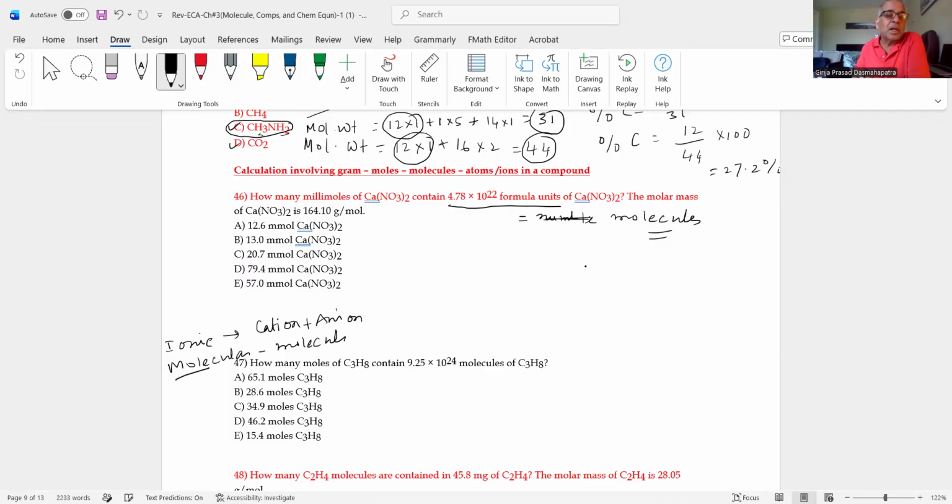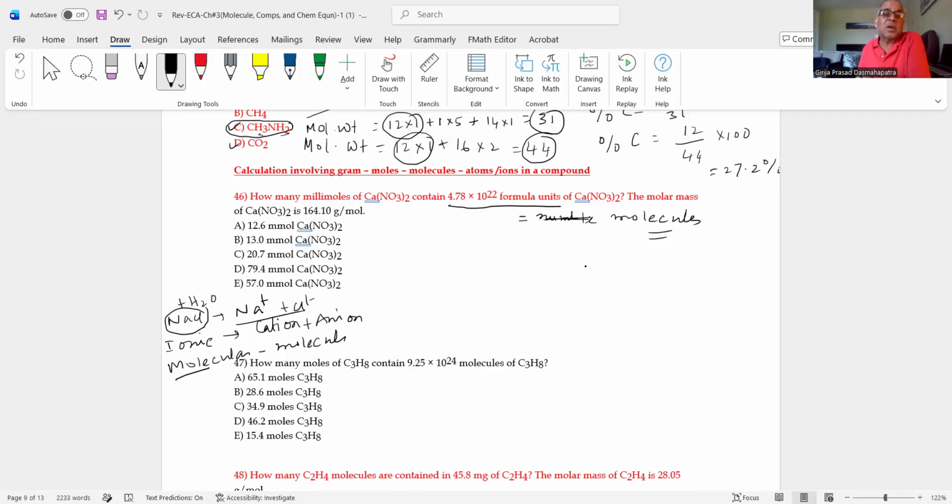For example, if you take sodium chloride and dissolve it in water, you will find it dissociates into Na plus and Cl minus. So some people argue, if they dissociate into cations and anions, there is no existence of NaCl as such when dissolved in liquid water.